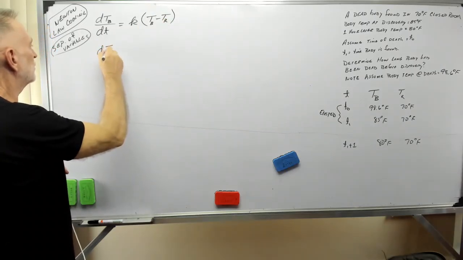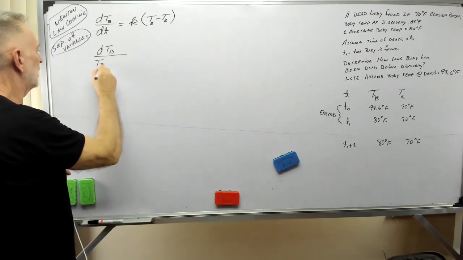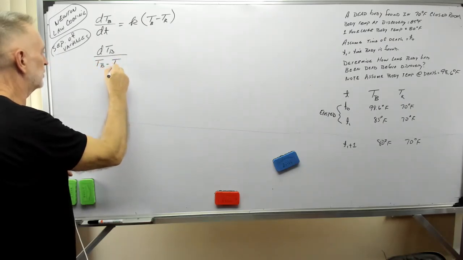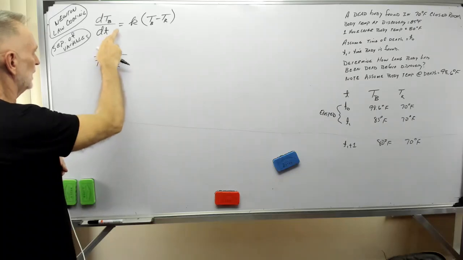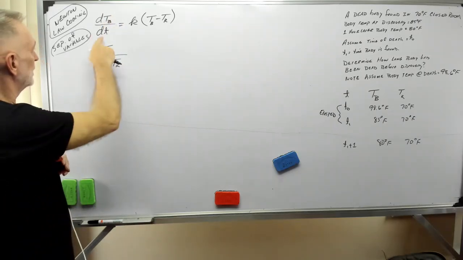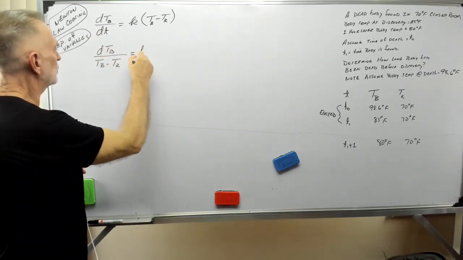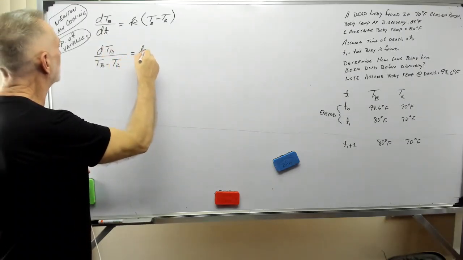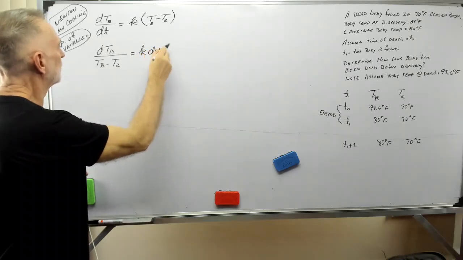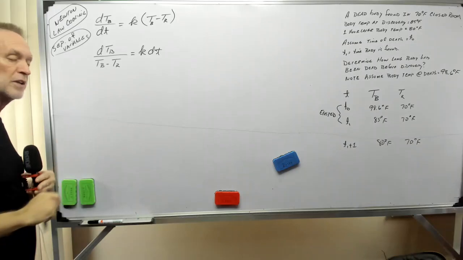So the rate of change of the temperature of the body divided by the temperature of the body minus the temperature of the room, and I'm also going to multiply both sides by dt, the differential of time. So this equals k dt. So now we have like terms. So that's separation of variables.